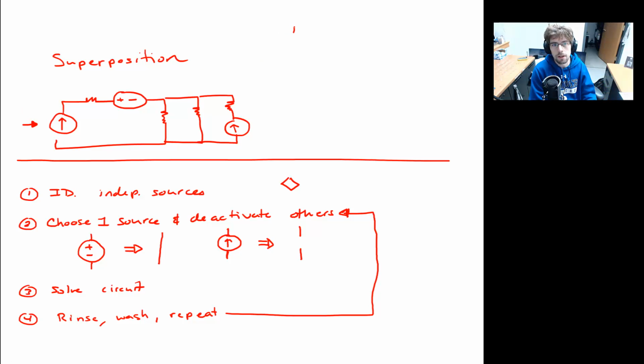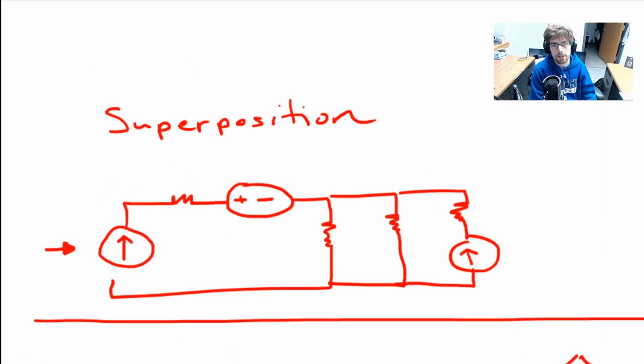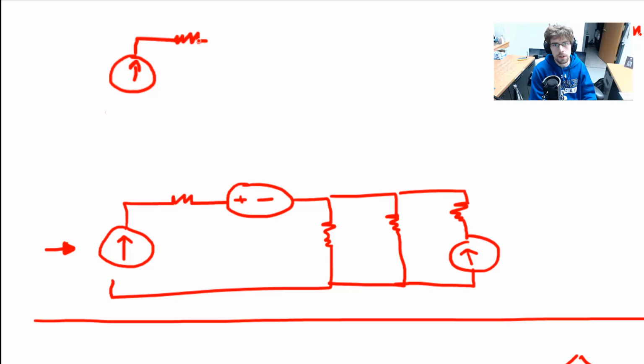Well, if I keep my leftmost current supply active, then I've got that resistor. I need to deactivate my potential supply, so I'm just putting a wire in at that point. And then I have this resistor and the second resistor.